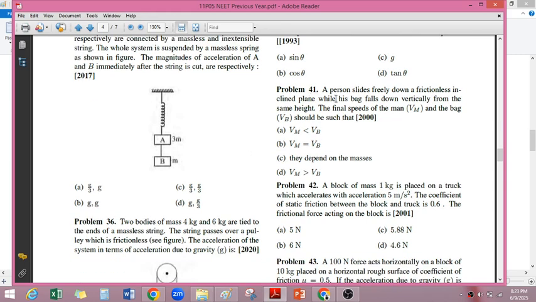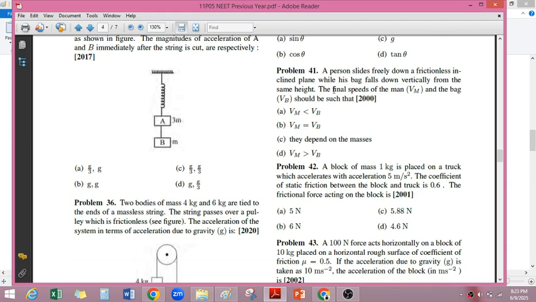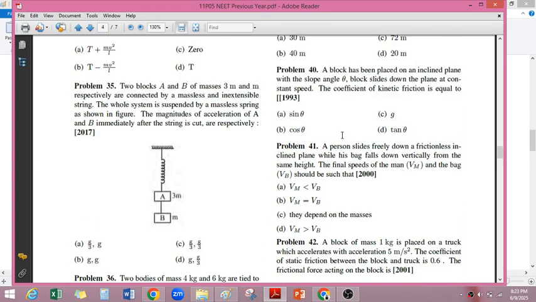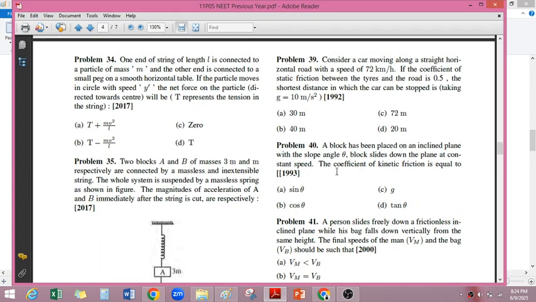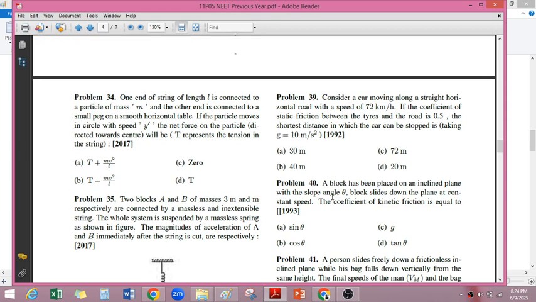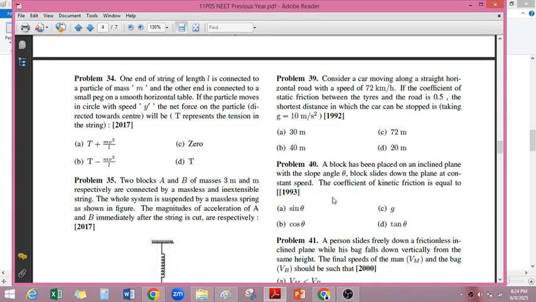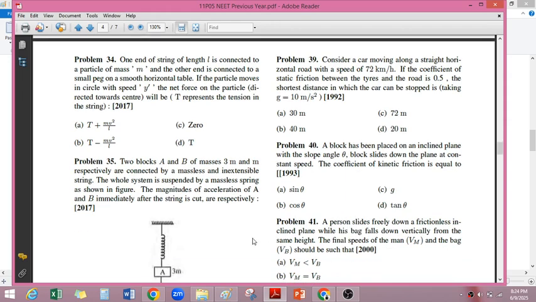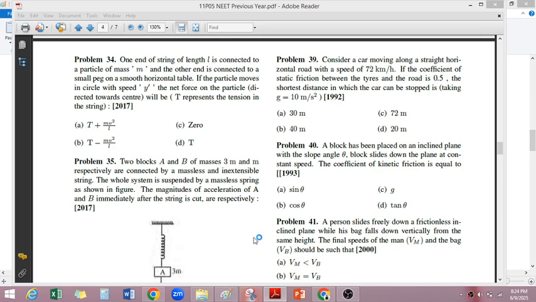I think this is a problem which you asked, right? A person slides freely down a frictionless inclined plane while his bag falls down, right? Yes, sir, this is what we discussed. So problem number 41 we already discussed. 39 is an easy problem. We can try that.